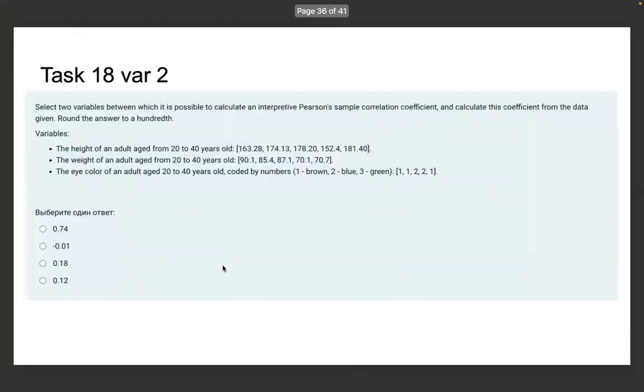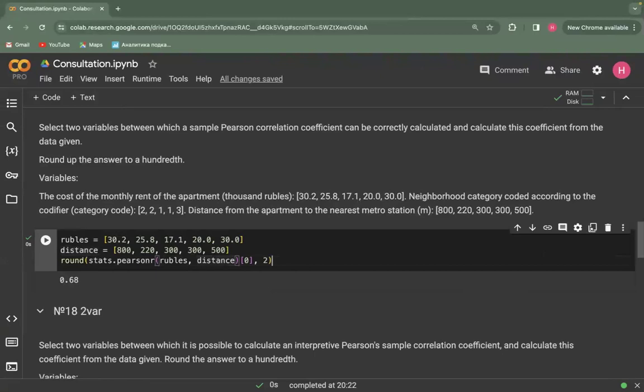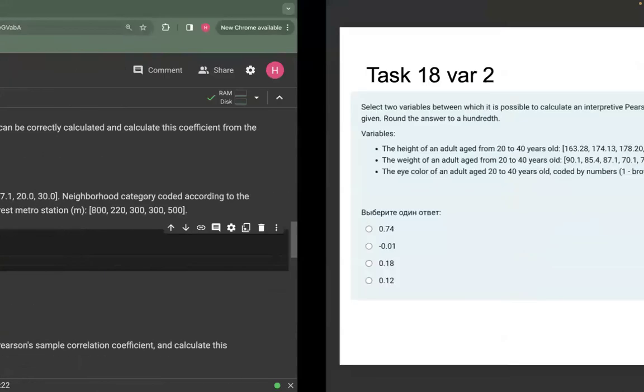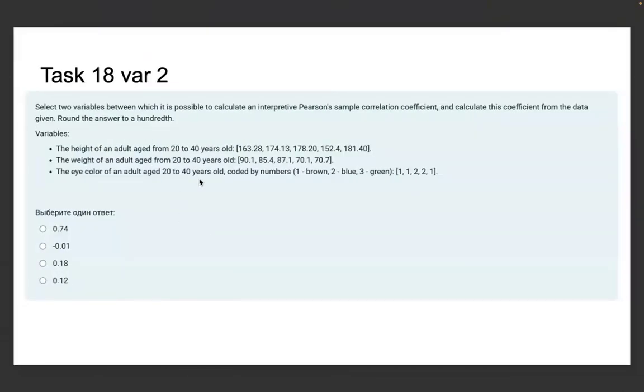In the second variant, it is the same task. We have to use the same method. Maybe someone else will tell me what type of data we are going to take here. The height and the weight. Yes, you're right.